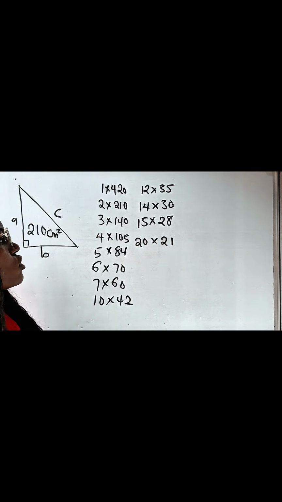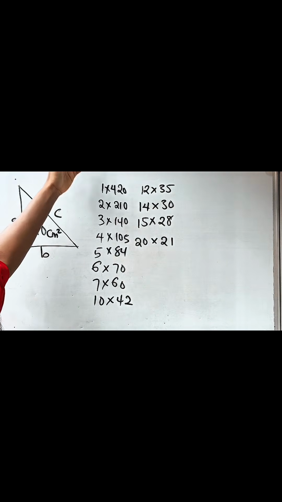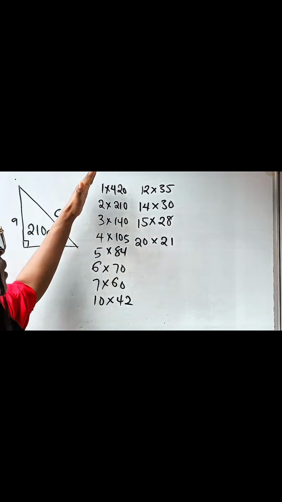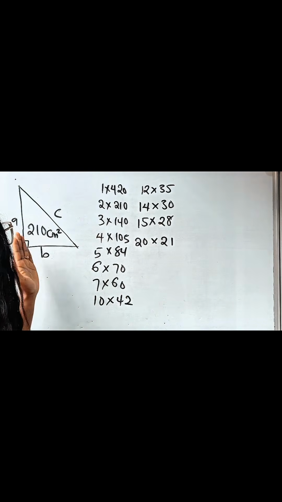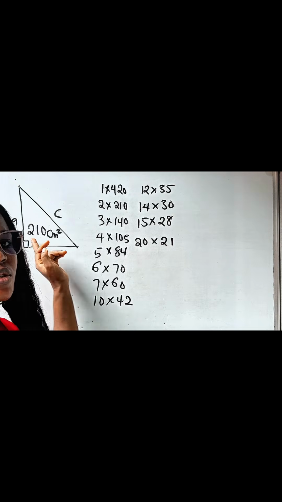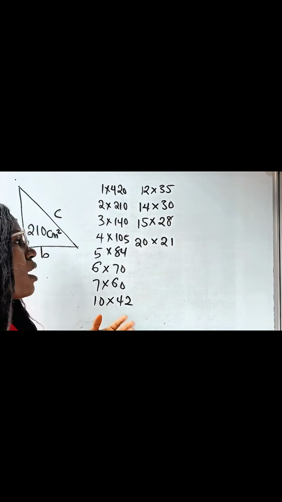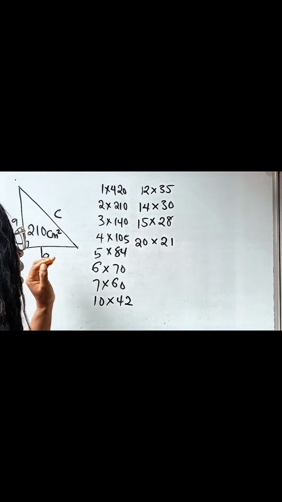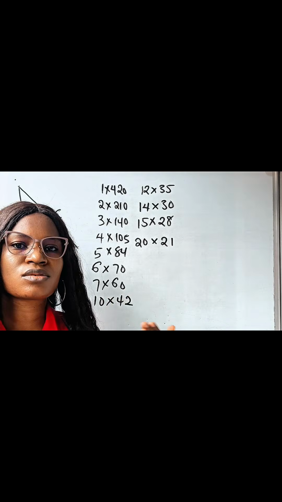Yeah, so these are the factor pairs of 420, but that doesn't mean that all of these are the sides of different triangles that will give us 210 when we solve for their areas. No. Now how do we verify which of these will actually give us an area of 210 centimeters squared as a right triangle?